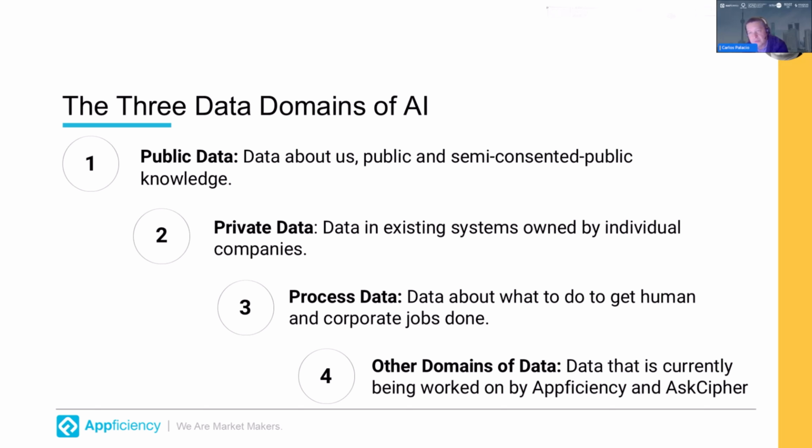But nowadays with AI, we are starting to see a third domain in the data universe that was always there in the background, but is finally coming to light and is very present with AI, which is process data.